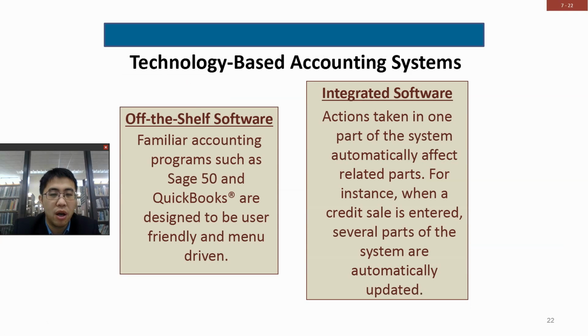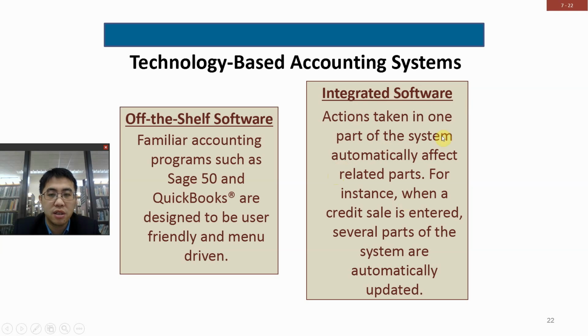Nowadays, we rely more and more on technology, so you need to have different software. It could be off-the-shelf software, which is readily used, user-friendly programs that are more generic and apply to any company. And you also have built-in software that is particularly designed for a company's use, which we call integrated software.